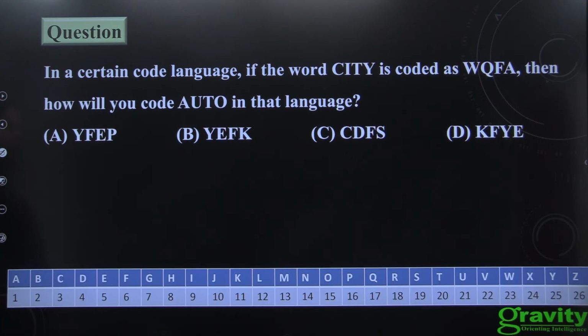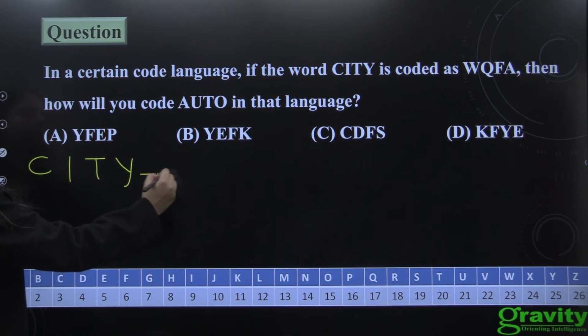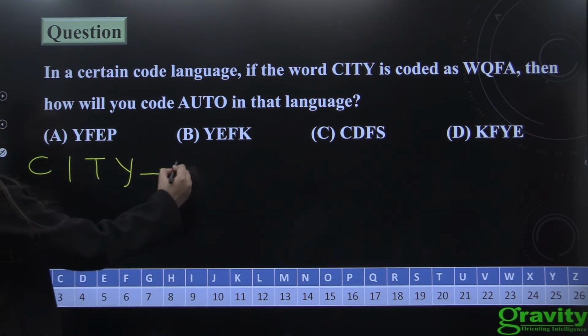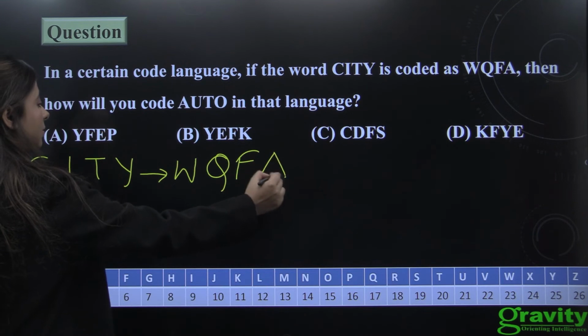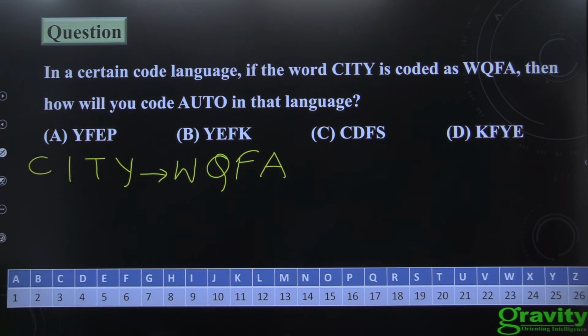Moving on. Okay, try this one. Make use of the chart. Ma'am, is it B?